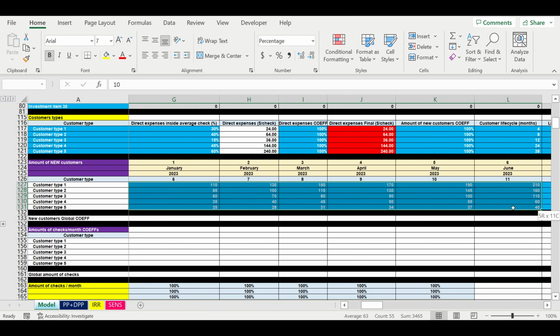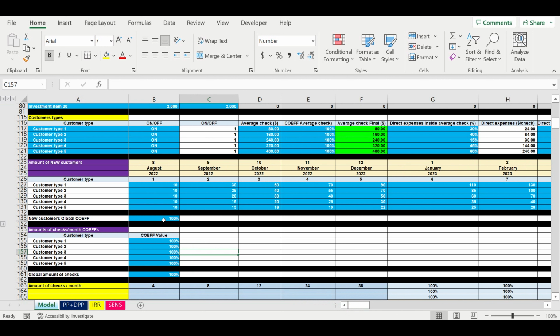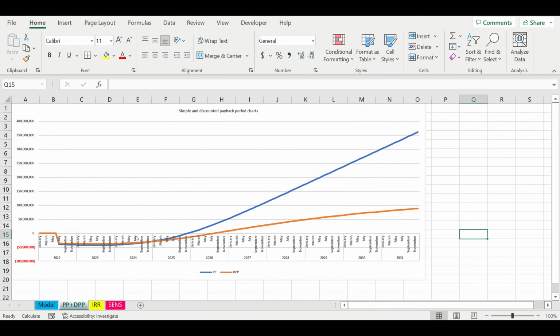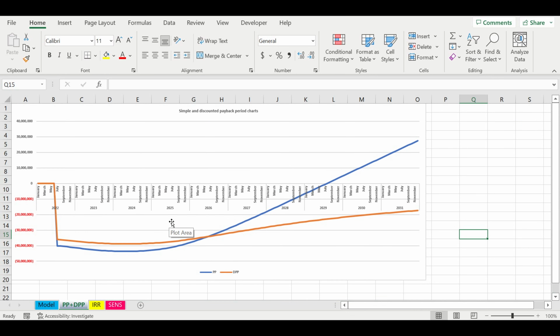So here we specify the values, but we can also, for example, say what will happen to our business idea if we have only 20% of the amount of customers that we assumed here. And we can go to the simple and discounted payback period and look at what will happen if we have only 20% of the customers we've just specified.